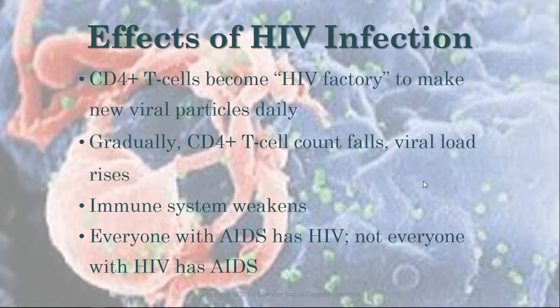But one thing to note is that everyone that has AIDS has HIV, but everyone with HIV does not have AIDS. Okay? So if HIV has not progressed to AIDS, they don't have AIDS. But if HIV has progressed to AIDS, they always have HIV because that's how it progressed.